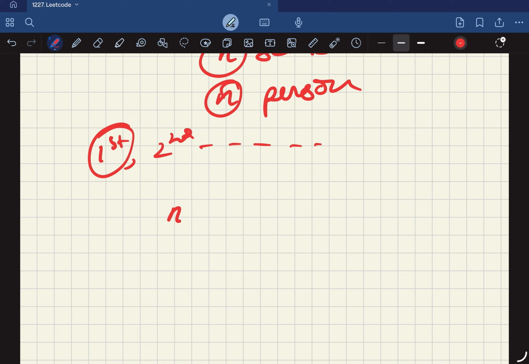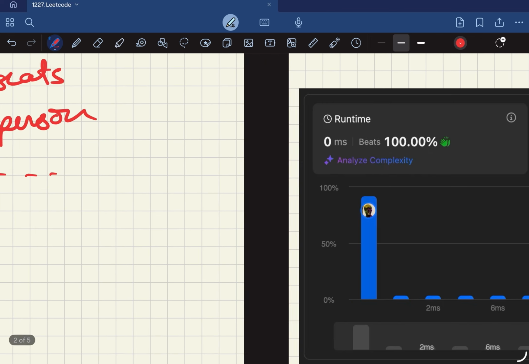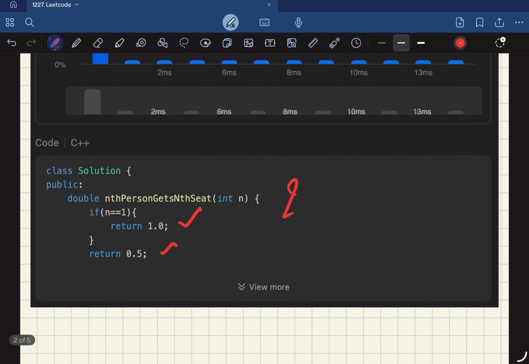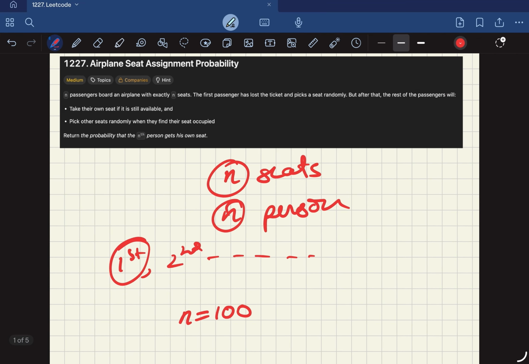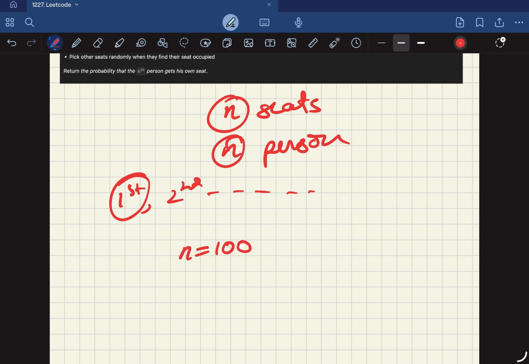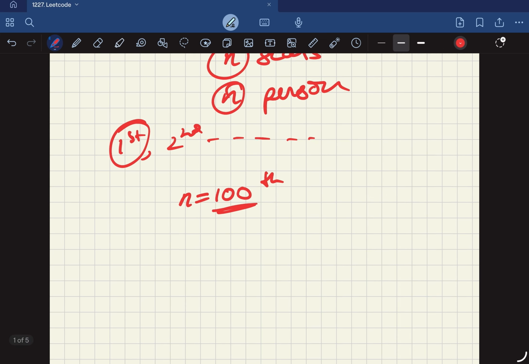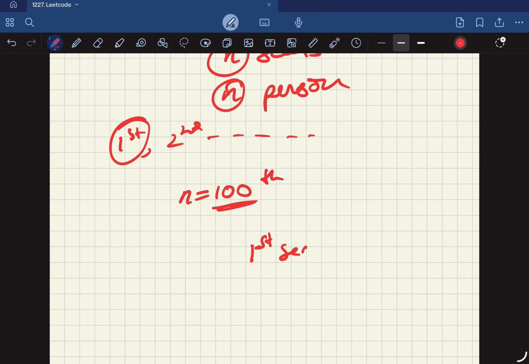Let's suppose n is equal to 100. So according to this solution, what I'm saying is for n equal to 100, the 100th person will have only two choices when he comes. Either sit on the first seat or the 100th seat.